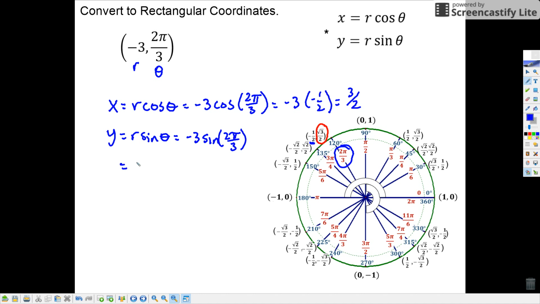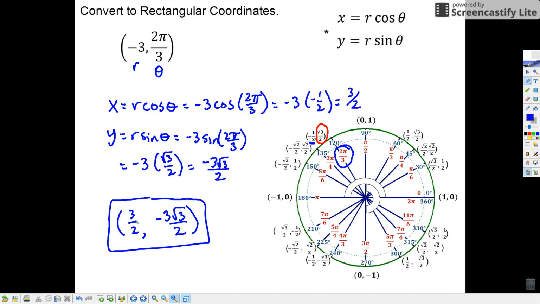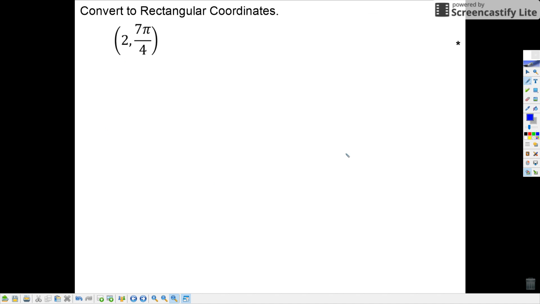So this is the same thing as -3 multiplied by square root of 3 over 2, which is simply -3 square root of 3 over 2. So we have our x value and our y value, and we write it as a coordinate: 3 over 2, comma, -3 square root of 3 over 2. And there are the rectangular coordinates.